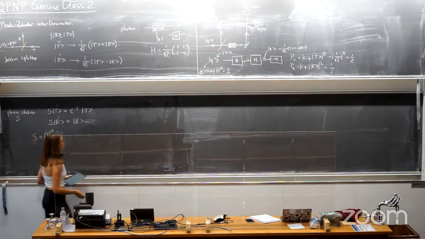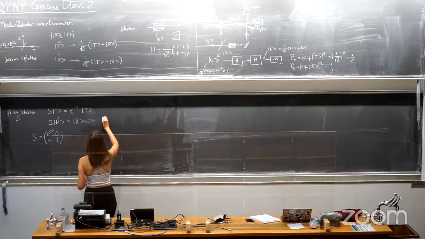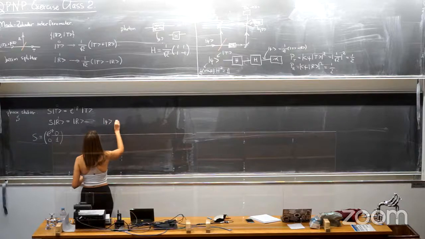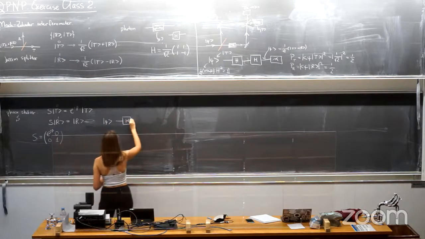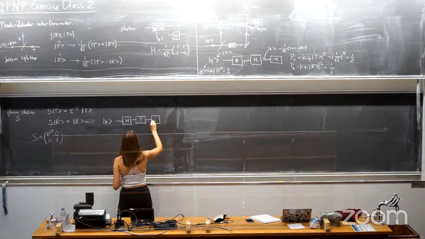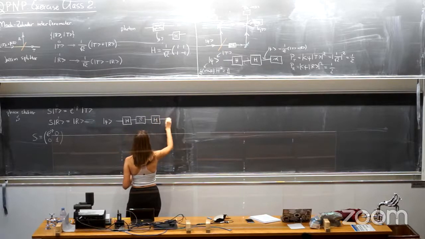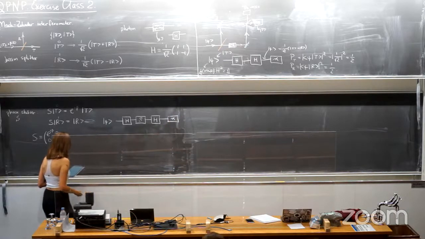And then the circuit of our interferometer can be modified as follows. We still have the Hadamard here as a beam splitter. Then we have this phase shift, and then we have a Hadamard again, and then we have the measurement. Now let us do a simple calculation.